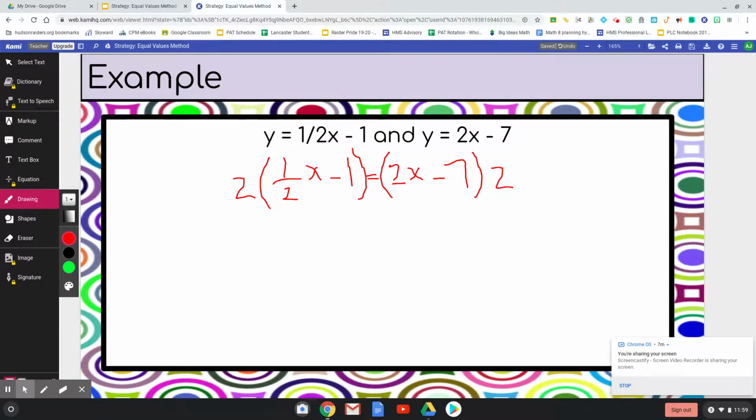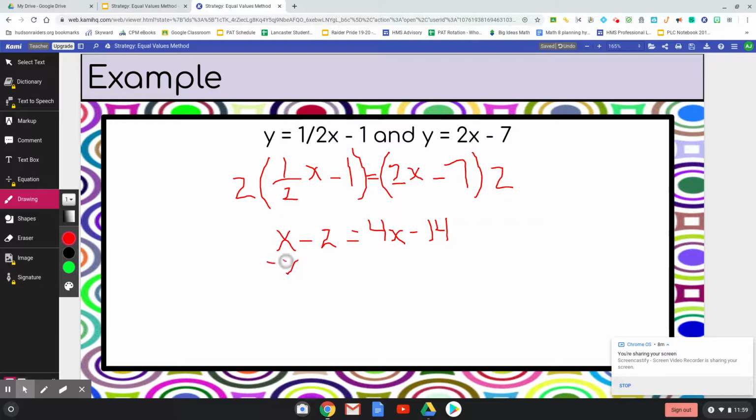So 2 times 1/2 ends up being 1, or just 1x. 2 times -1 is -2. 2 times 2x is 4x. And 2 times -7 is -14. Now this looks like an equation that I can solve. We got rid of the fraction using the fraction buster method.